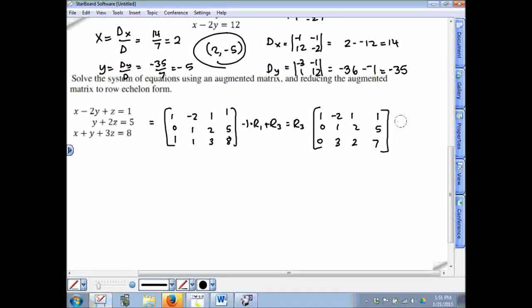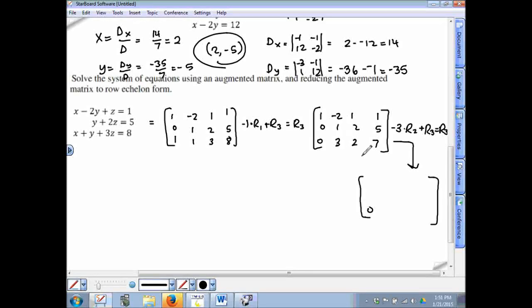I was thinking to myself, this isn't working out nicely, but we're not going to multiply by negative 5, we're going to multiply by negative 3. Negative 3 times row 2, we're going to add that to row 3. That's going to equal row 3. So we do 0 there.